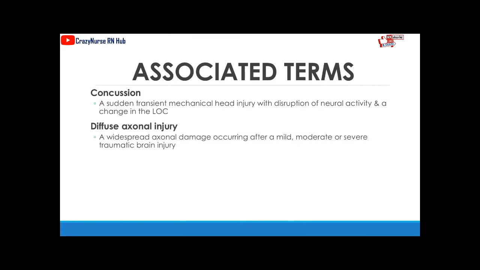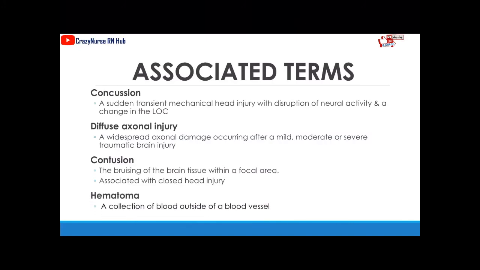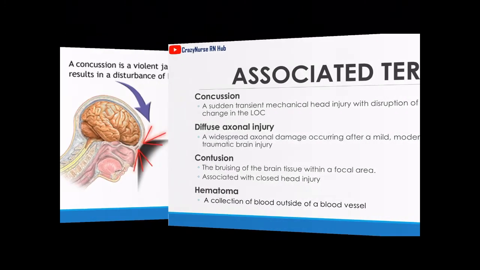It is a widespread axonal damage occurring after a mild, moderate, or severe traumatic brain injury. We also have your contusion. It is the bruising of the brain tissue within a focal area, and it is associated with closed head injury. And lastly, we have hematoma. It is a collection of blood outside of a blood vessel.